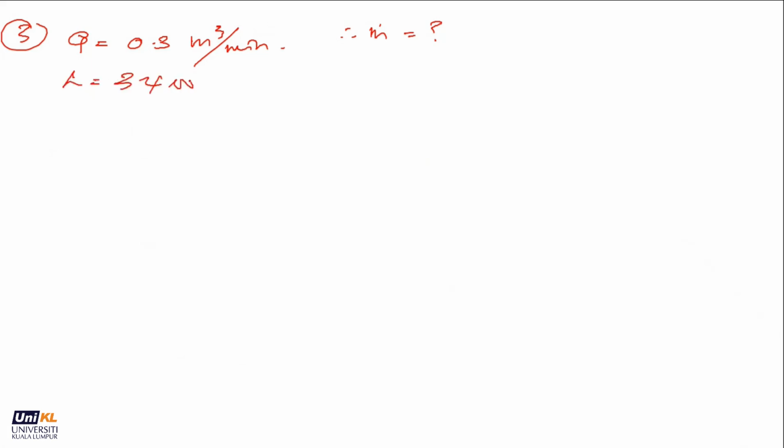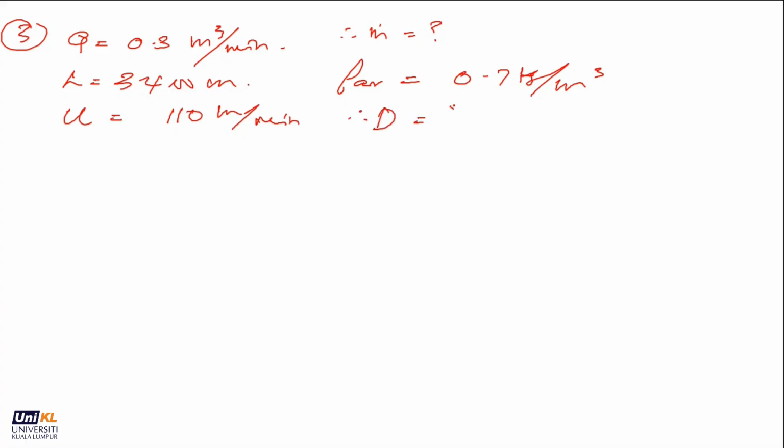Air density rho air equal to 0.7 kilogram per meter cube. If the average velocity of air does not exceed U air, cannot be more than 110 meter per minute, determine the diameter of the casing of the fan.